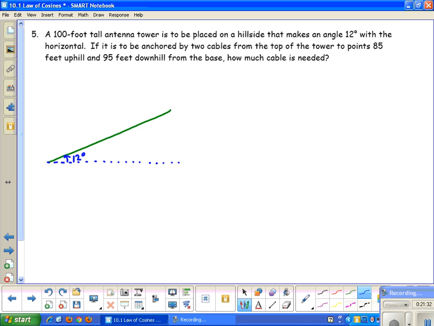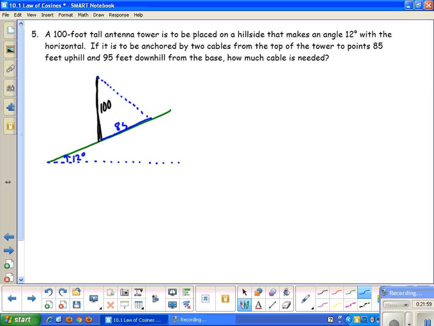Then it says that we have some antenna tower that is 100 feet tall. Pretend that's straight. So this is 100. And we know that we're going to place a cable 85 feet uphill. So from here to here, this is my cable.